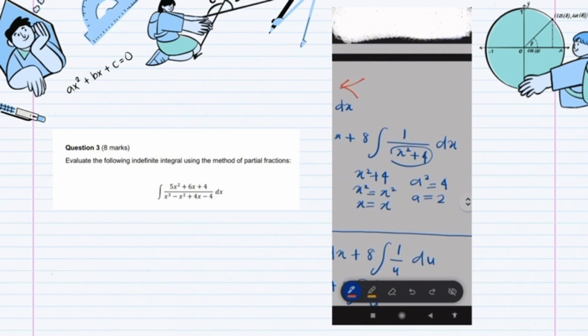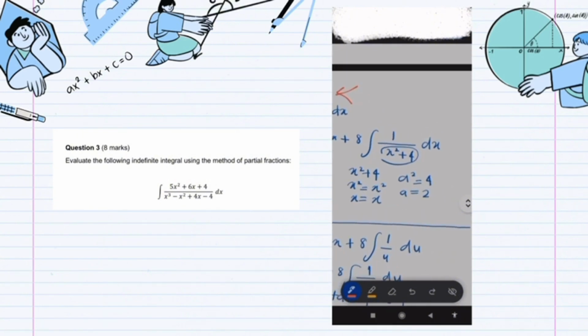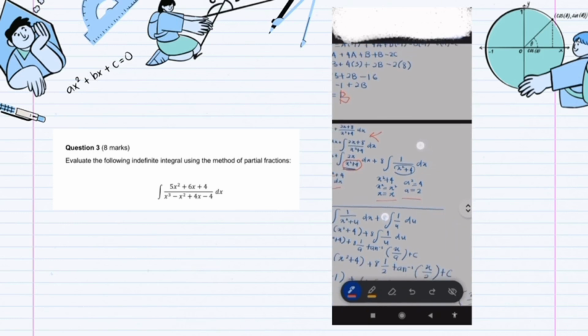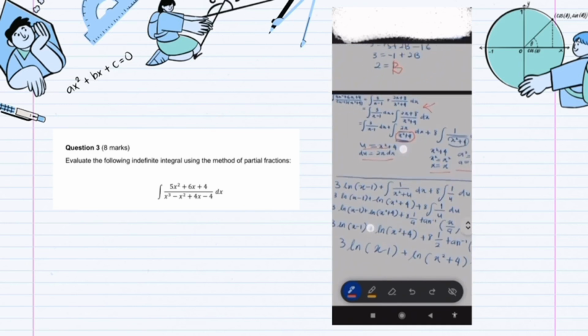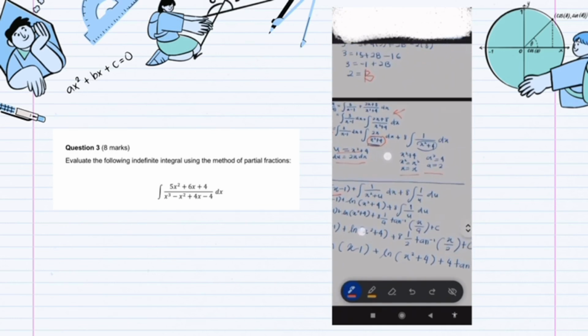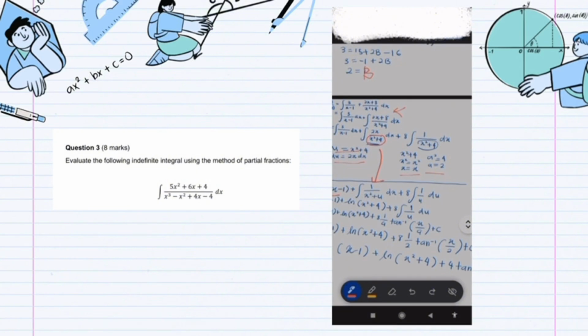And then to integrate, you need to find a value a. After that, 3 divided by x minus 1 is equal to this one, and then this one equal to this one.